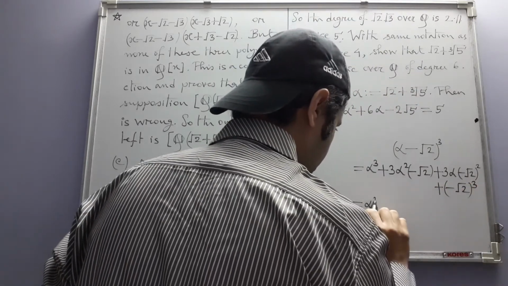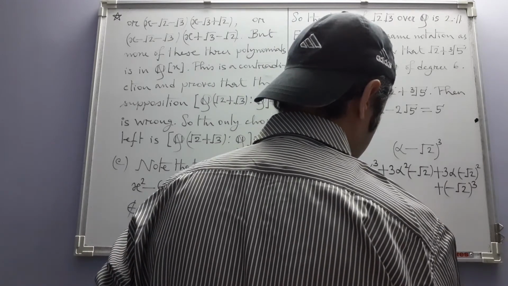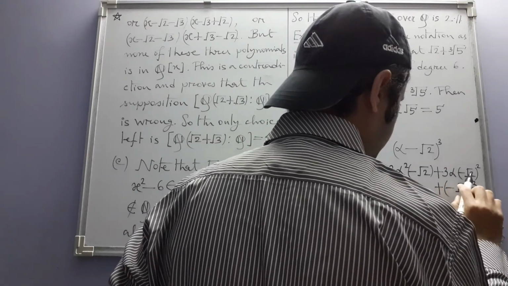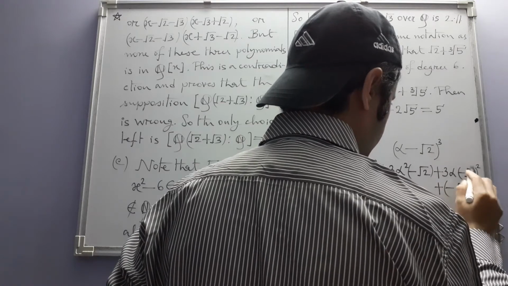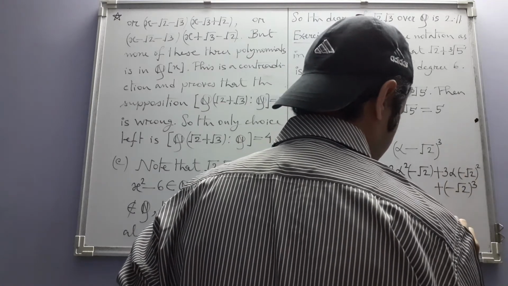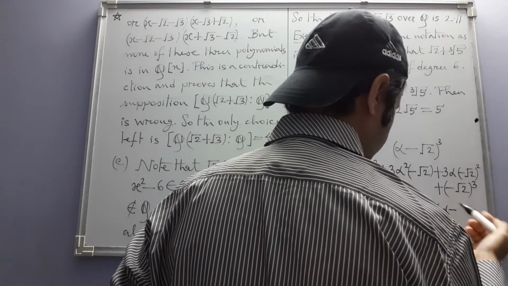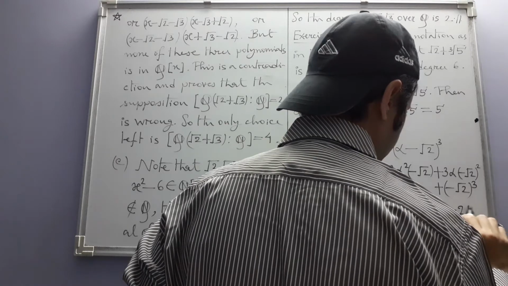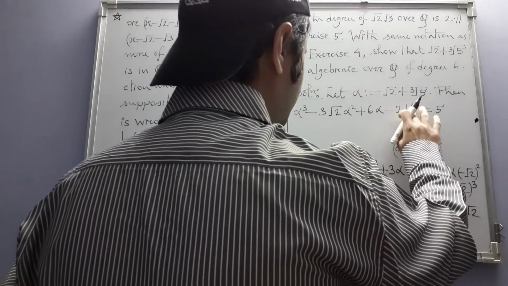Okay, so this will be alpha cube minus 3 root 2 alpha square. This minus will become plus, square root of 2, this will be 2, so plus 6 alpha minus will stay minus because cube of root 2. Okay, see, there is a mistake. It will not be 5, it will be 2.